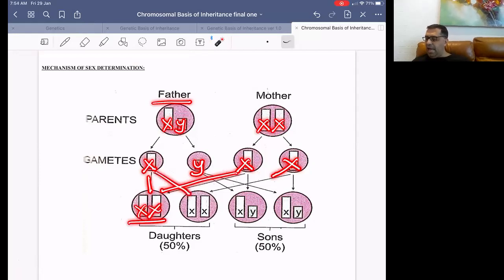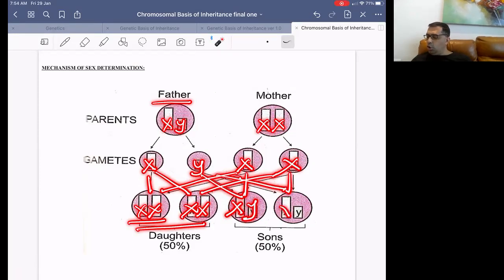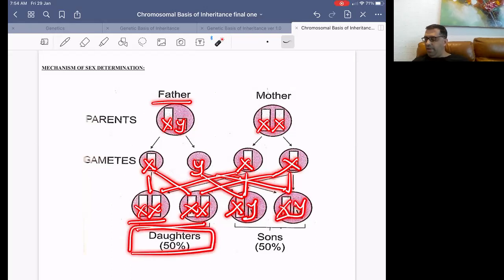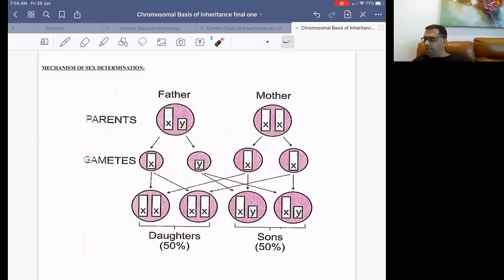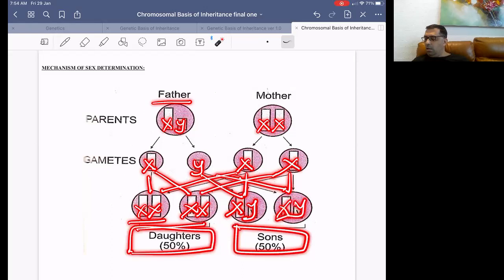If X and Y fuse, it will form a son. So there is a 50% chance that daughters are formed with XX, and a 50% chance that sons are formed with XY.